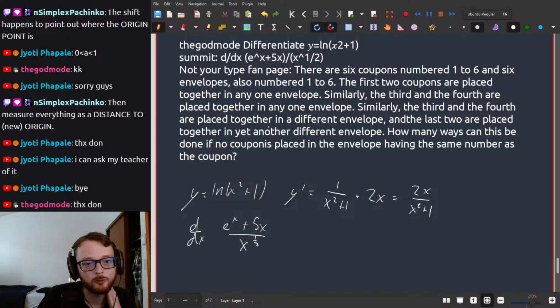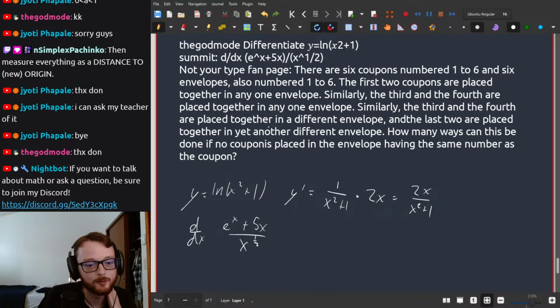Now you could do a quotient rule here. Yeah, you have to do a quotient rule. Well, you don't have to, but I guess you probably should. So yeah, let's do quotient rule.